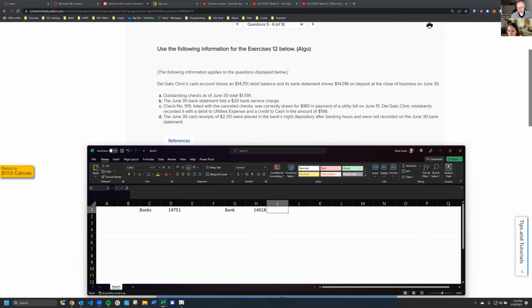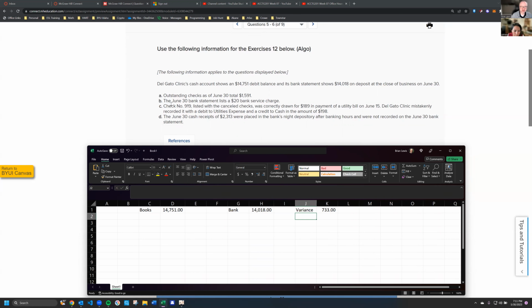Let's put these all in nice little numbers, and the variance we'll put on here so we keep track of how we're doing, which is this minus that. So we have a $73 variance between the two balances.